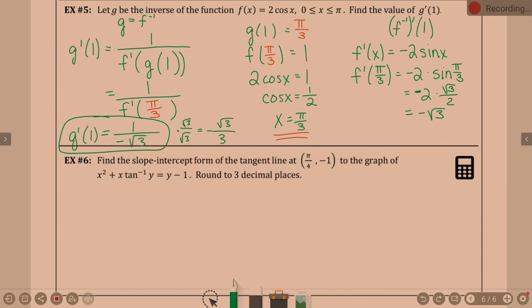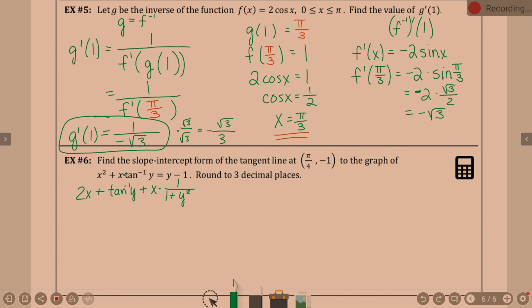So, derivative of x squared is 2x plus, note a product rule here. The derivative of x is 1 times tangent inverse y plus, now I'm going to keep the x and multiply by the derivative of tangent inverse y, one over 1 plus y squared.